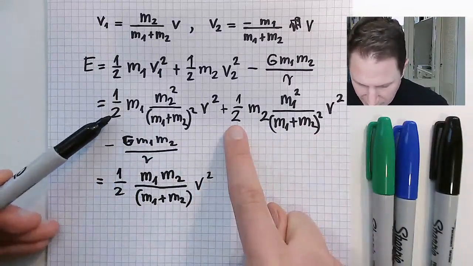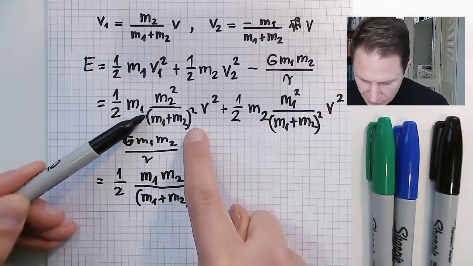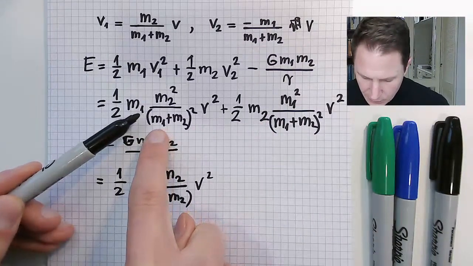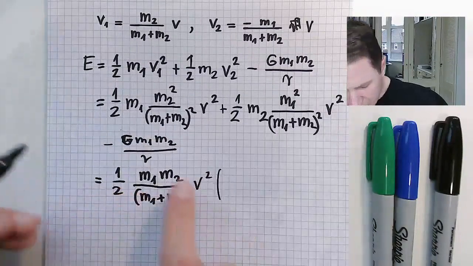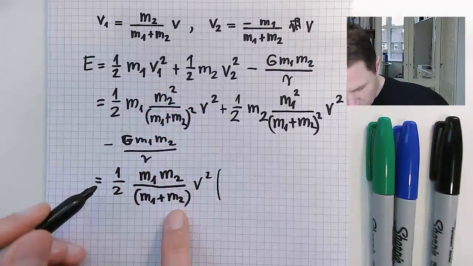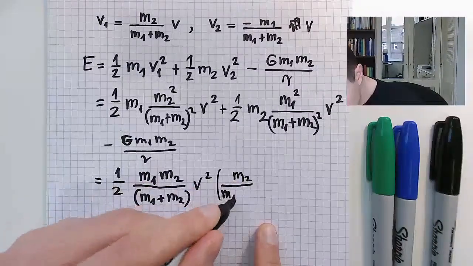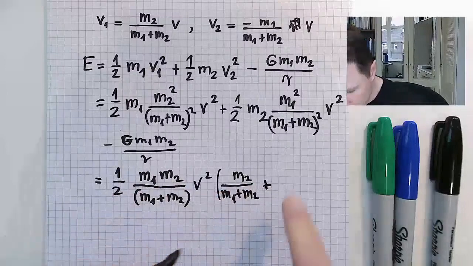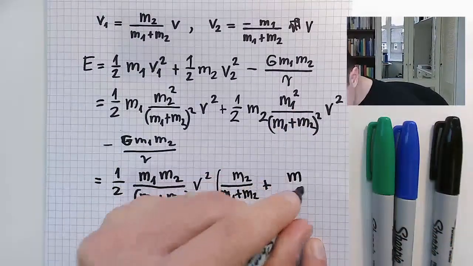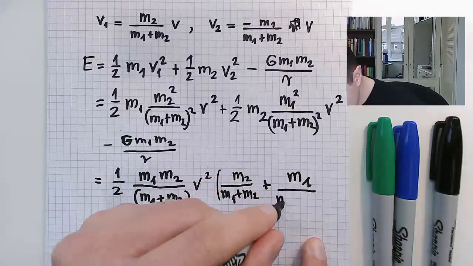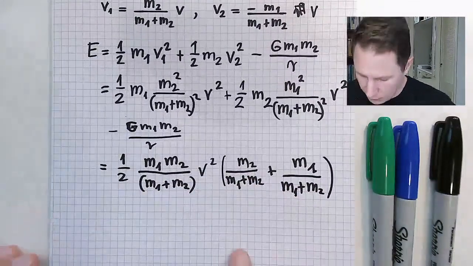So 1/2 is a common factor, m1 times m2 is a common factor, and also m1 plus m2 in the denominator is a common factor. What I'm left with in the first term is m2 divided by m1 plus m2, and in the second term what remains is m1 divided by m1 plus m2, right? So I hope that's clear.